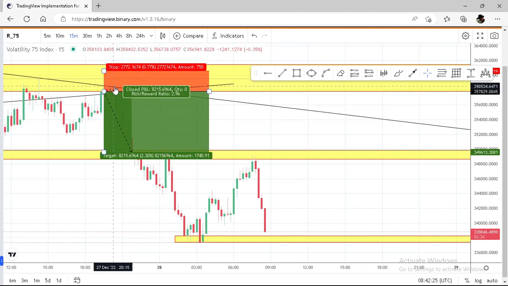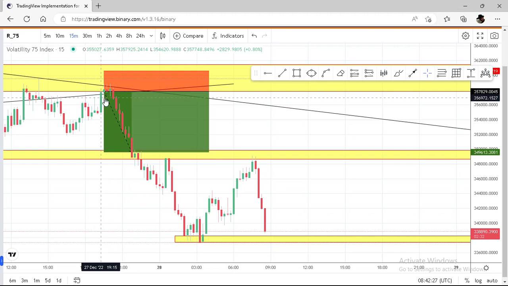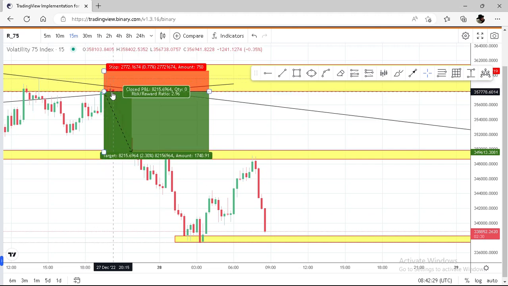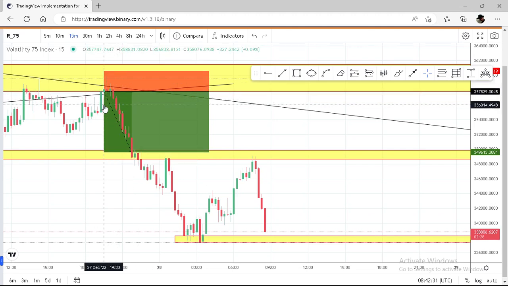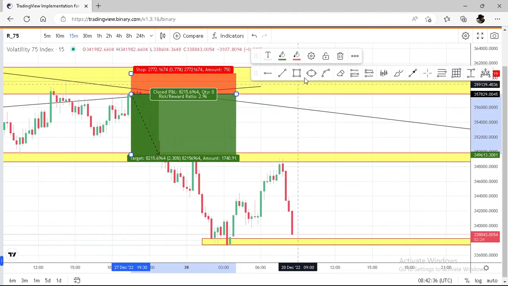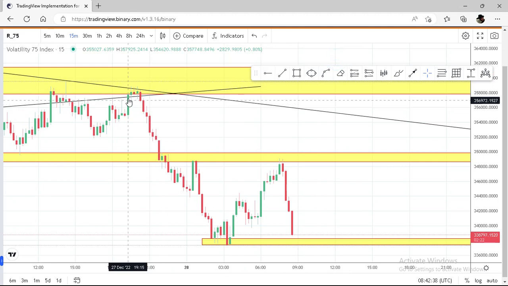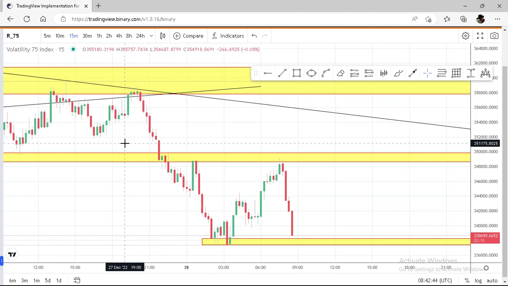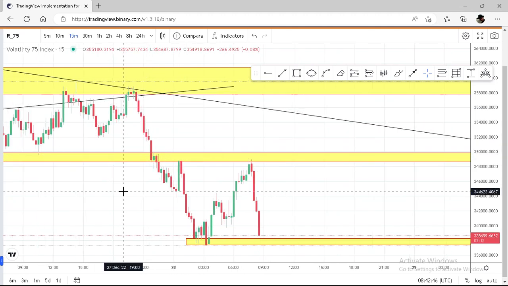You can wait for another candlestick to close below this candlestick, then enter on the second one or the third one. Let me remove this, it's too dark. So you can wait for this candlestick and enter here, or enter there. It doesn't matter, guys.